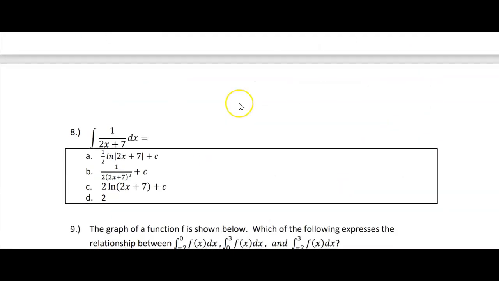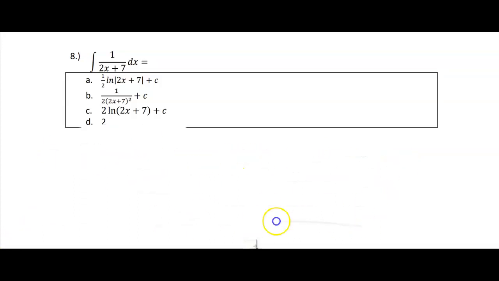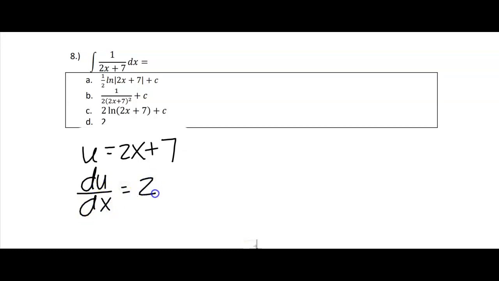All right, moving on to part 8. This is a U substitution problem. So let's go ahead and do U sub on this one. Okay. So my u will be the entire denominator. The derivative of u with respect to x is 2. So du over 2 equals dx.